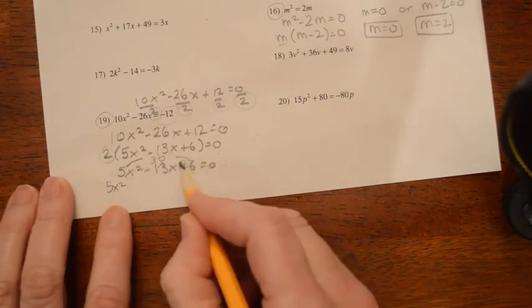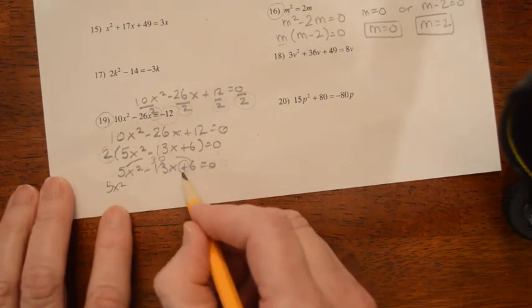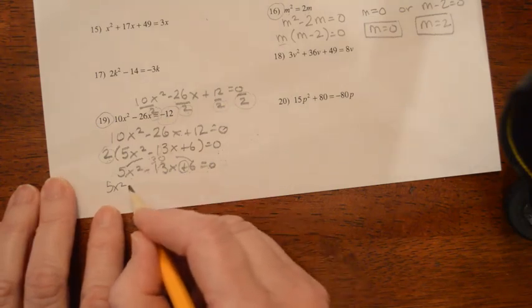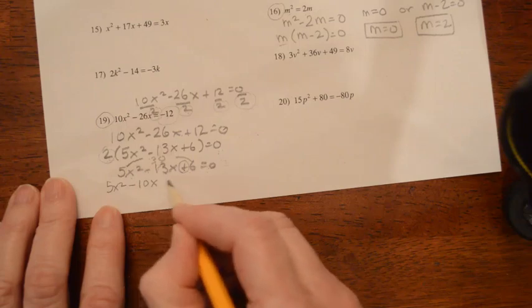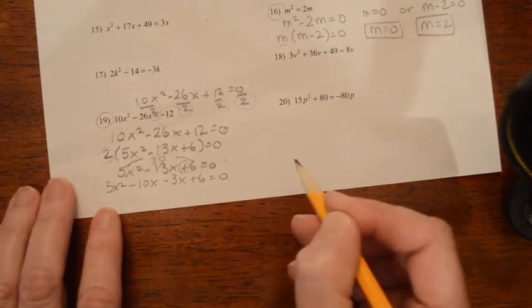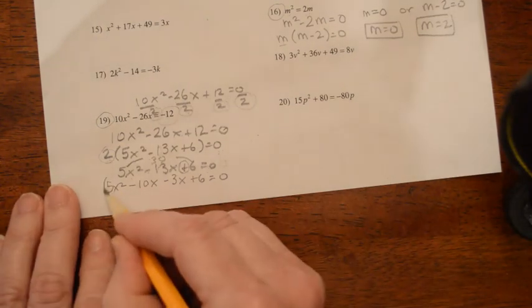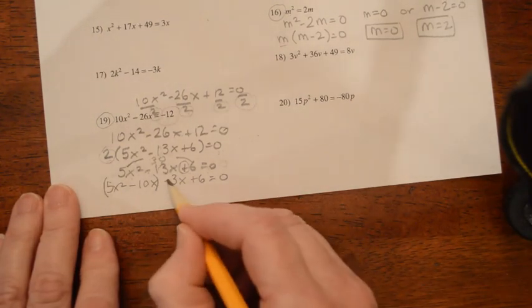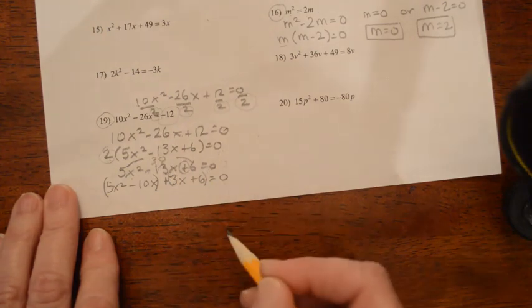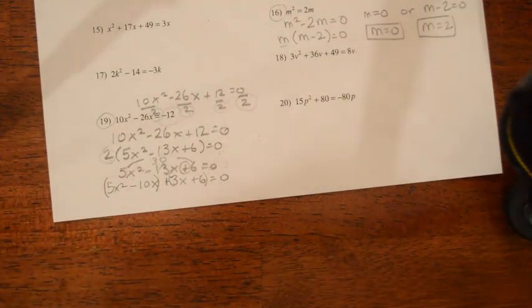They both have to be the same sign because it's positive, and that sign has to be negative. So this is going to be minus 10x minus 3x plus 6 equals 0. I'm going to do grouping here, but I'm going to have to change this to plus a negative 3x right here so that that negative can get grouped in there.